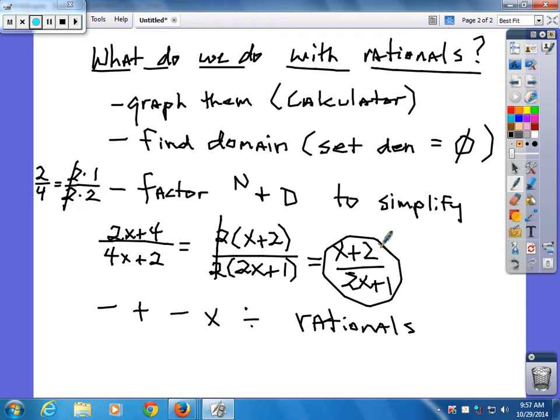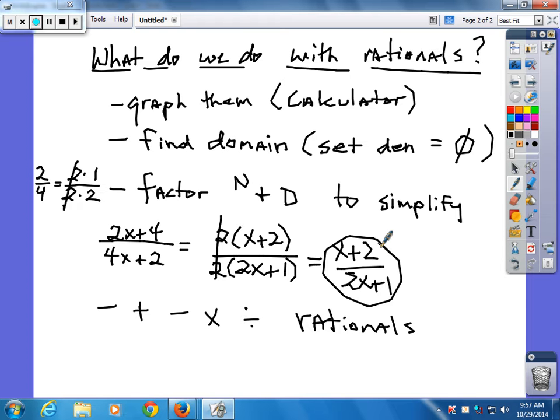This, we just factored and canceled. Here, we factored and canceled. Does this mean the same as this? Yeah, if you plug in x is equal to 1, you're going to get 6 over 6, which is 1. Let's see, 2 times 1 is 2, plus 4 is 6. 4 times 1 is 4, plus 2 is 6.